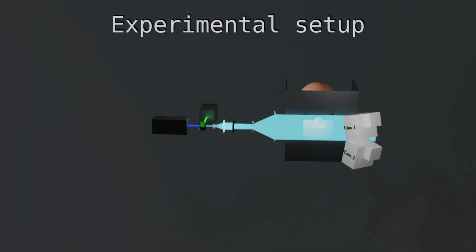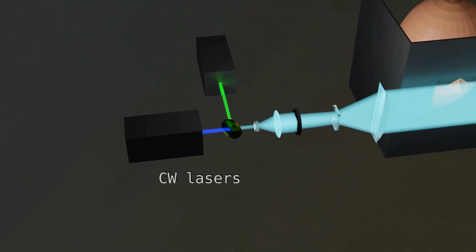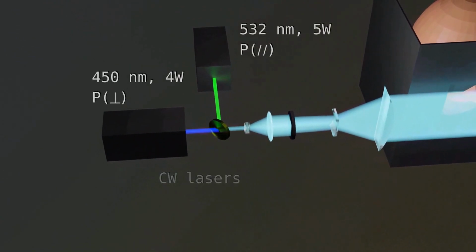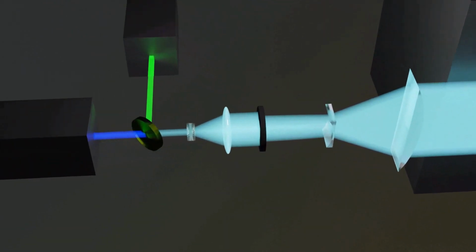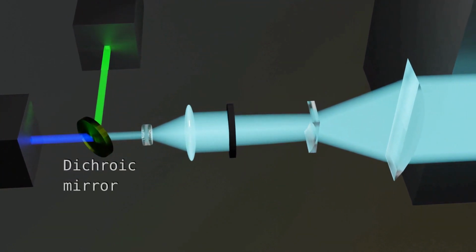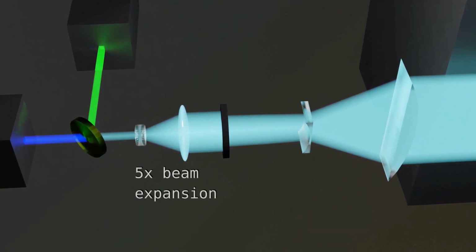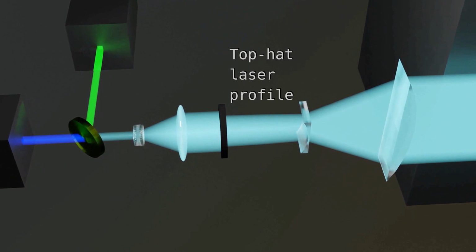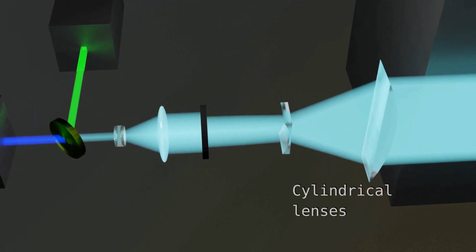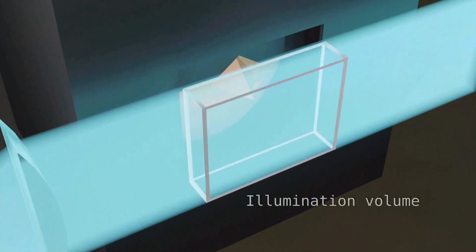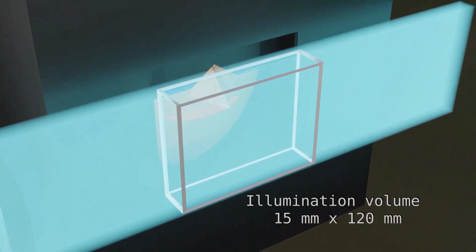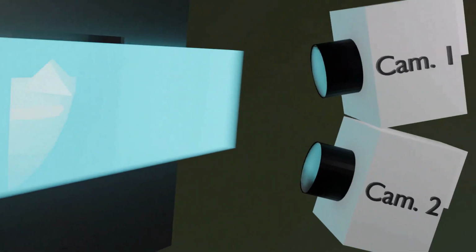We're using two CW lasers, one at 450 and one at 532 nanometers. Those are combined using a dichroic mirror, and we have a beam expansion. Then we have a top hat laser profile, and cylindrical lenses allow us to generate an illumination volume between 15 and 120 millimeter. Then we're using two high-speed cameras.